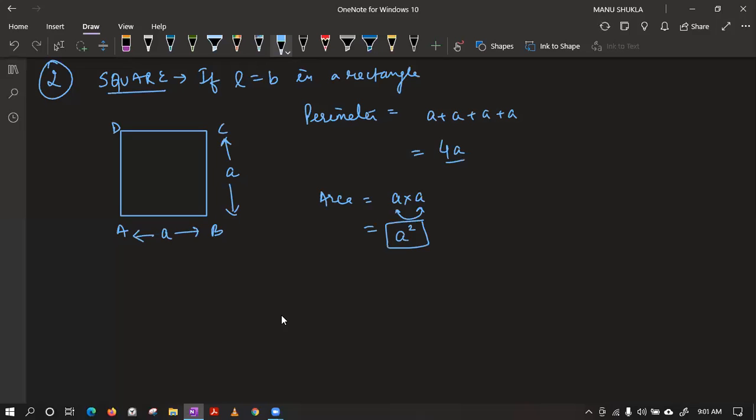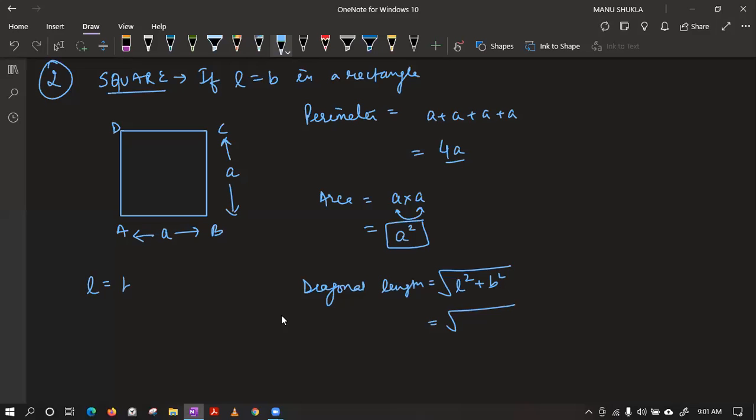Everything is the same. And what about the diagonal length? Please tell. In the case of rectangle, we have learned it was root L square plus B square. Now we have the value of L and B as A only.